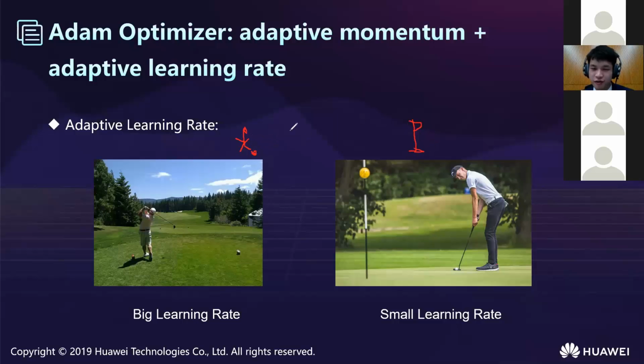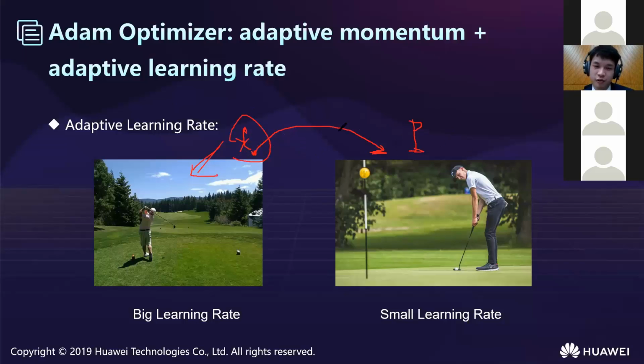We are far from the target, so we need to use a bigger learning rate. For example, we hit the ball to this position. We can use the big learning rate. Do you like my drawing? Can you understand? Yes. In this position, we are far from the target.